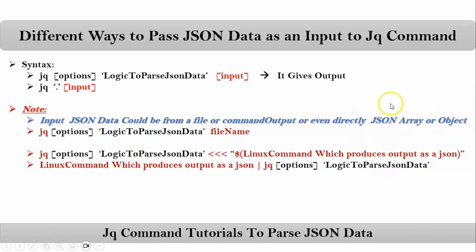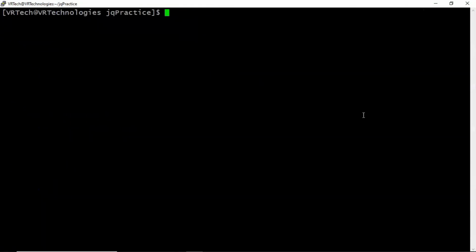And finally, suppose you want to pass JSON array or object as an input to JQ command, then how can we pass it? Let me show you that. Suppose I have a JSON array like this. Now if you want to pass this array as an input to your JQ command, this is the syntax. Simply JQ, options, logic.